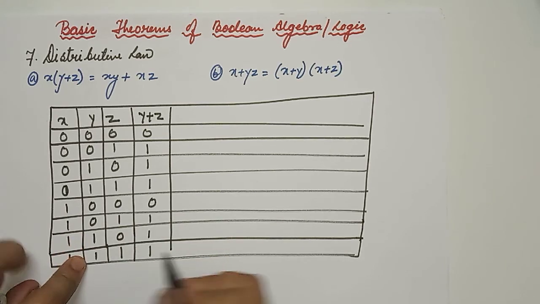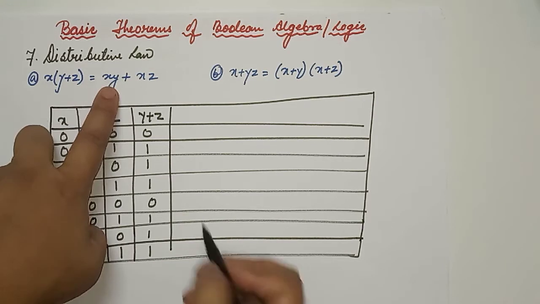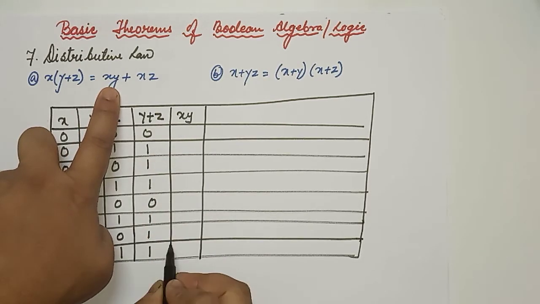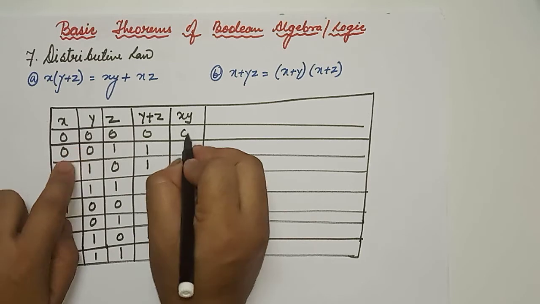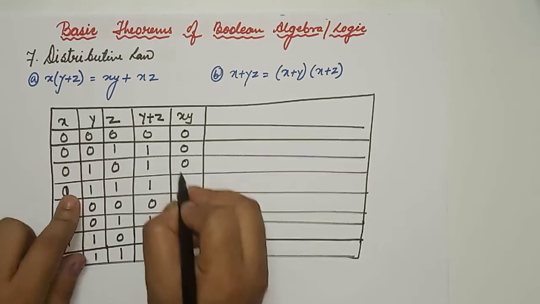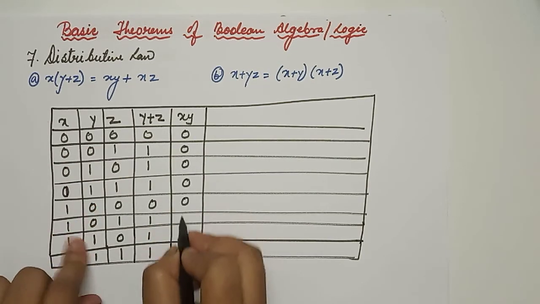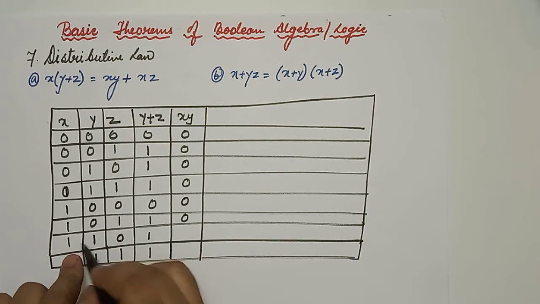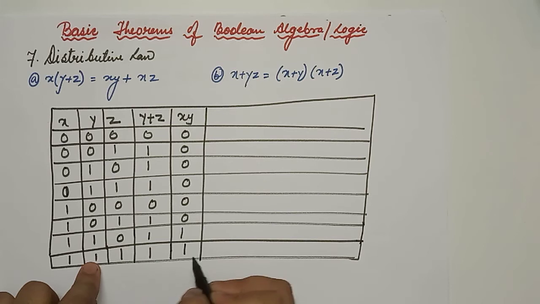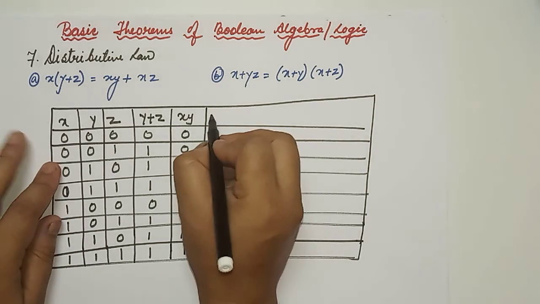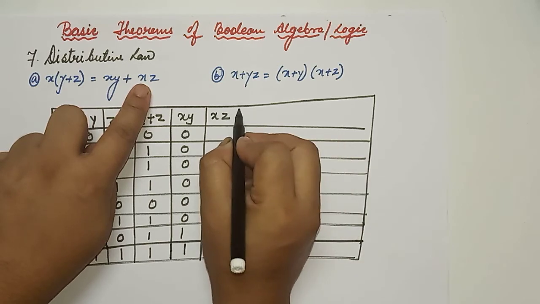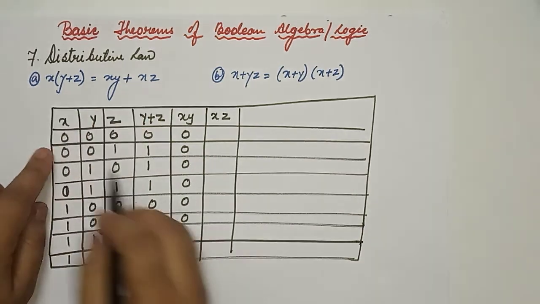Next, let's try to find out what is the value of the x, y. Okay, so it is 0, 0, 0, 0, 0, 0, 1 and 1. Next is xz.